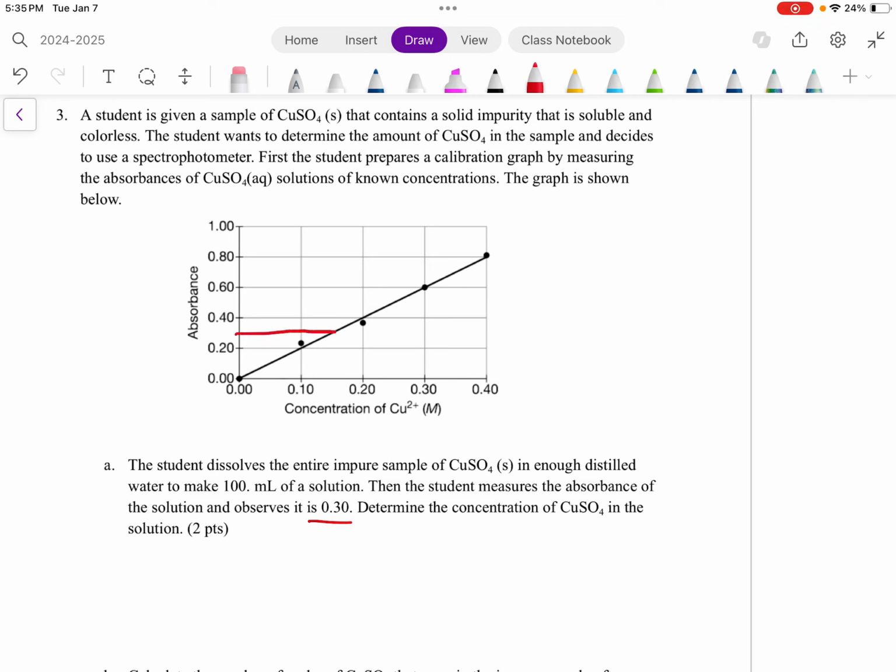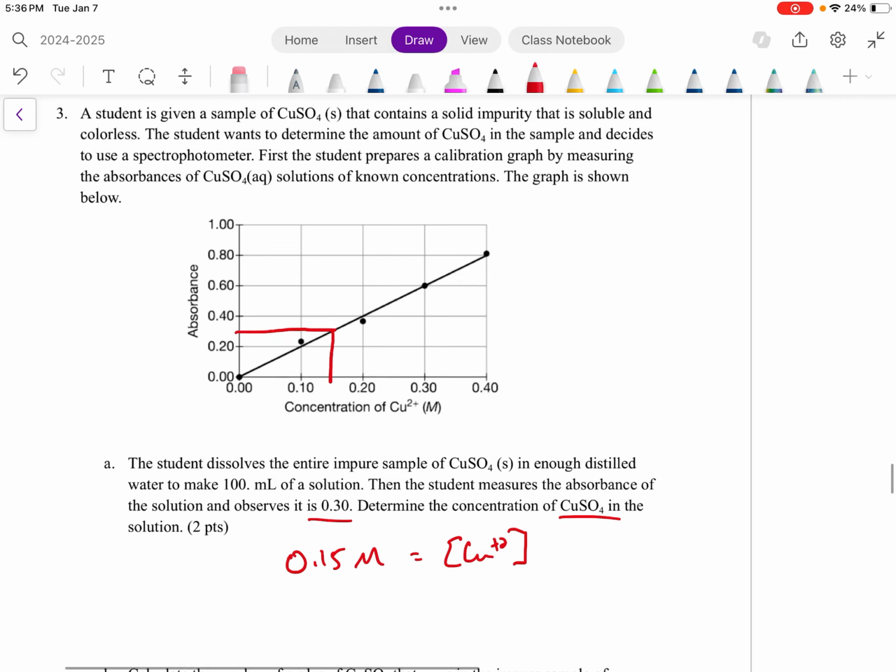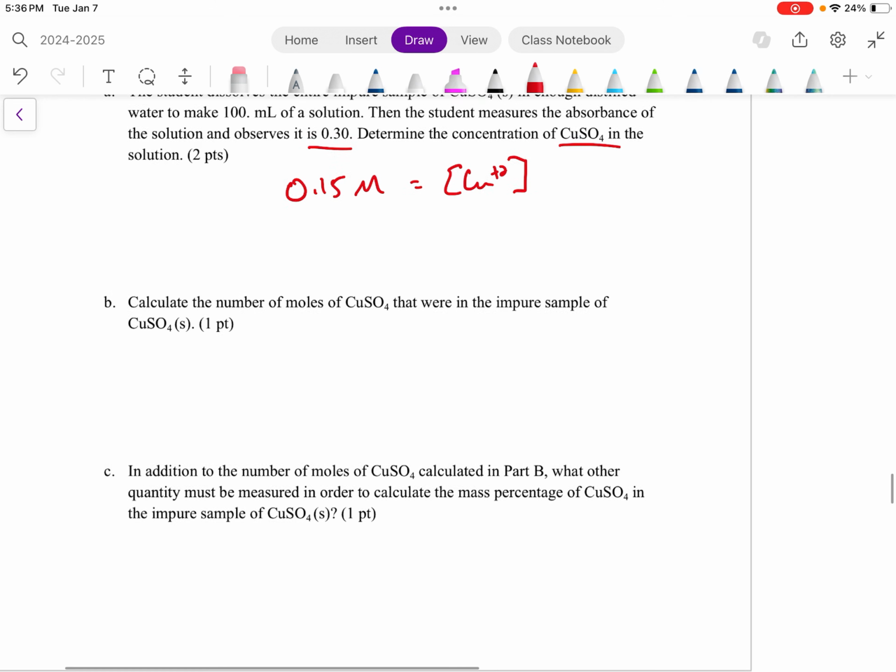I'm going to go 0.3. I'm going to go over to my graph, and I'm going to go down, and I'm going to say that 0.15 molarity is the concentration of the Cu2+ ion, okay? Or the CuSO4. It doesn't really matter. It's the same concentration. So 0.15 was probably the best answer based on the graph.